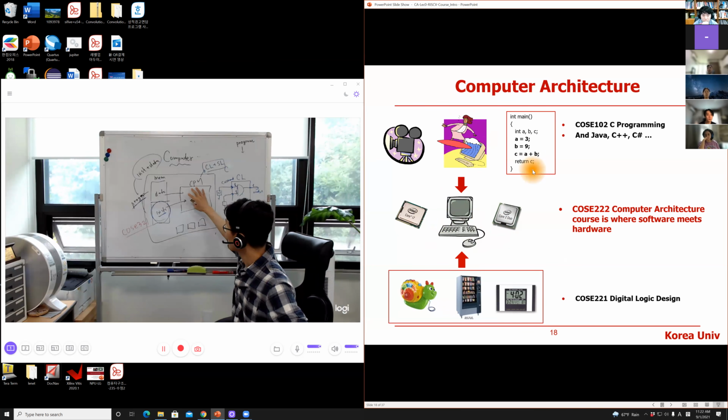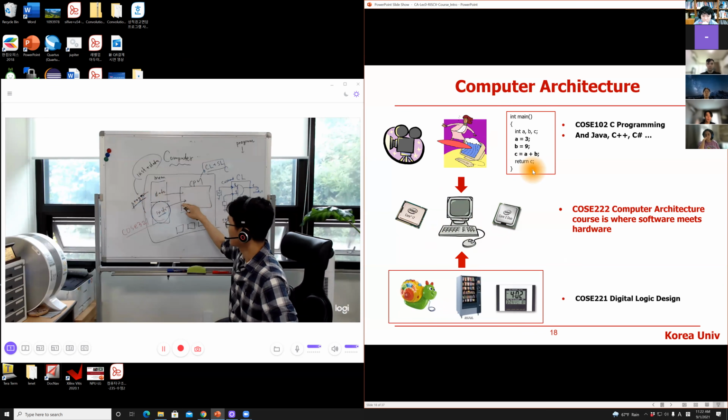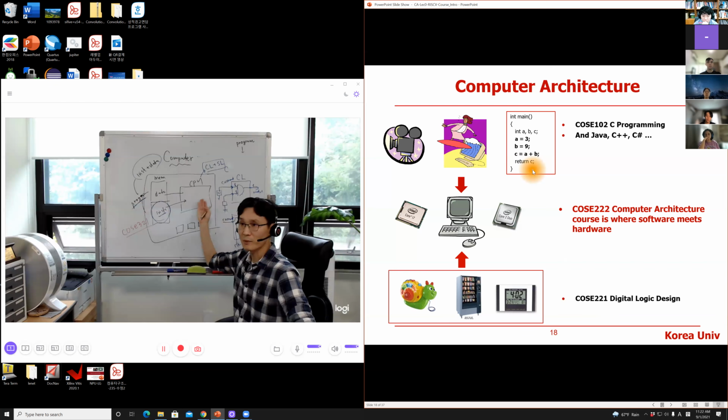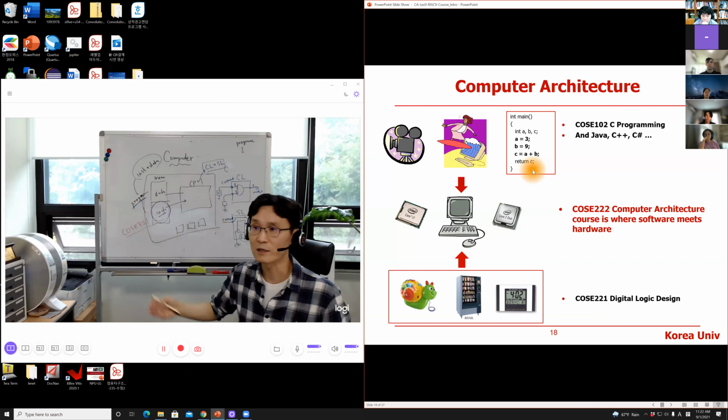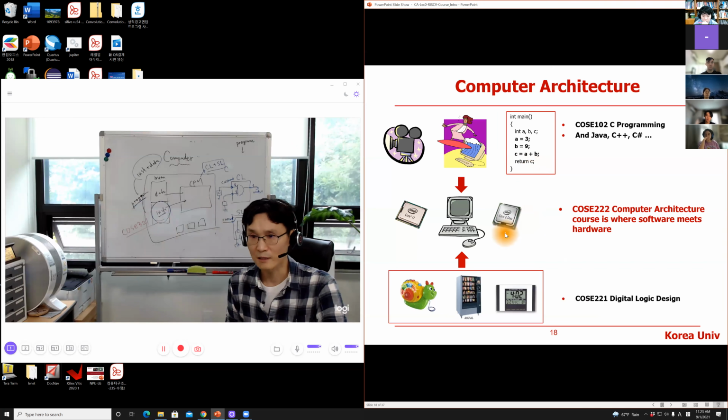This CPU is able to execute program software, because software is simply what? A collection of instructions and data. And this guy, the CPU, takes instructions as an input and executes them. It has the capability of executing instructions. So this class is the place where software meets hardware.